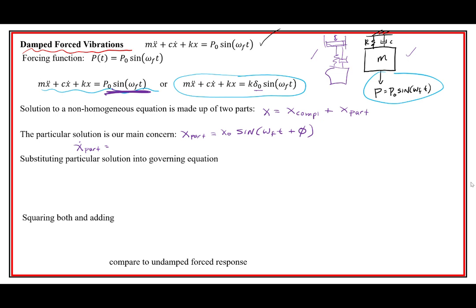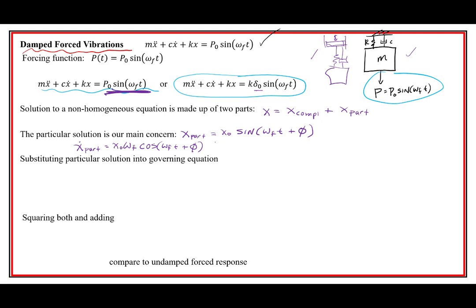So we take the particular part, the derivative, and we end up getting x0 times omega f times the cosine of omega f t plus this arbitrary phase angle that we haven't used yet for anything. I'm still looking at this arbitrary angle.